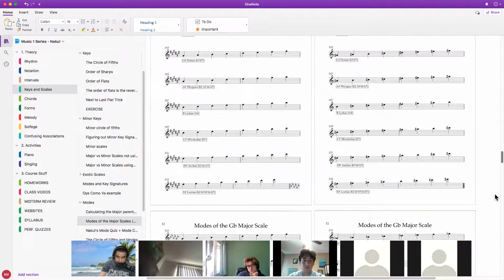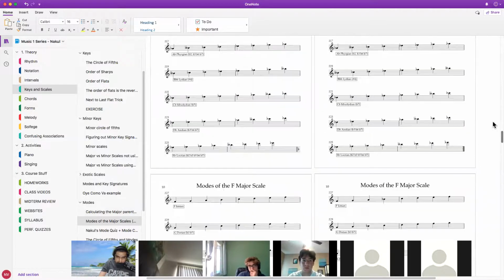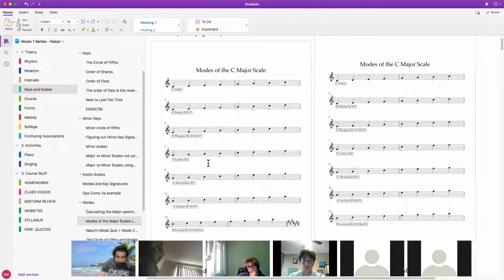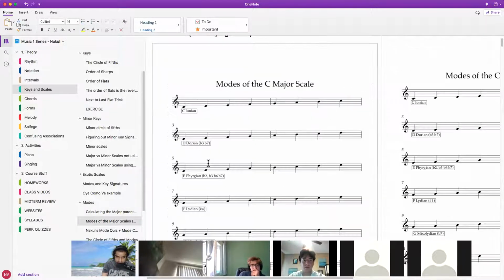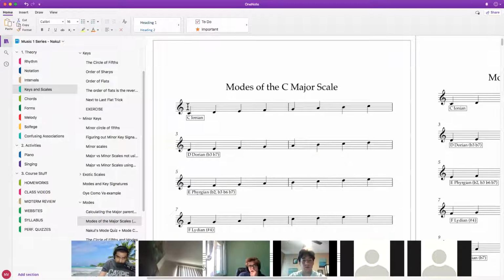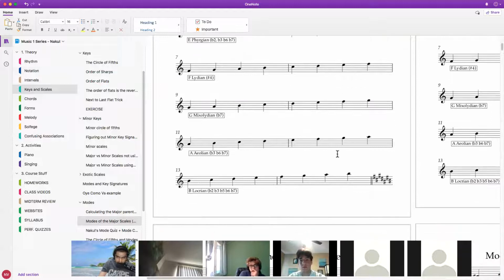In case the homework's really hard for you and you can't figure out the process for finding these modes, I have this document here. What I'm basically saying is this. These are the modes of the C major scale: Ionian, Dorian, Phrygian, Lydian, Mixolydian, Aeolian, Locrian.